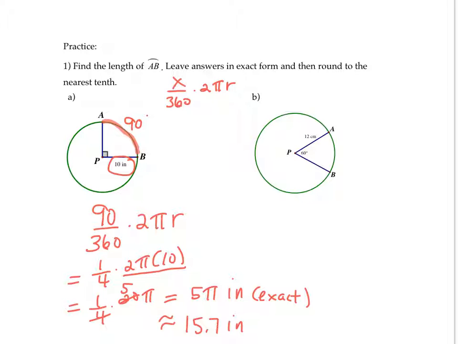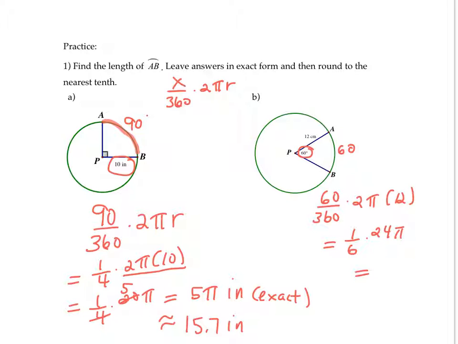In part B, the measure of the arc is 60 degrees because it's the same as the central angle. So we do 60 divided by 360. That tells us what fraction of the circumference we're working with. And then multiply it by the circumference, 2 times pi times the radius, and this radius is 12. So 60 over 360 reduces to 1/6. 2 times pi times 12 is 24 pi.